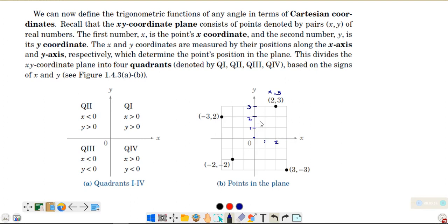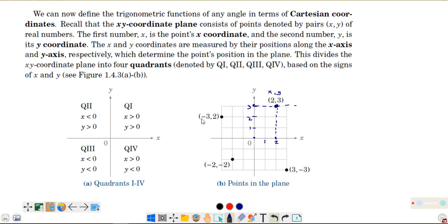So, gawa tayo ng rectangular coordinate. Nandito daw siya, tsaka nandito. So, drawing tayo ng mga lines parallel to the x-axis and the y-axis. Yung point of intersection of the lines parallel to x and y, yun yung magiging coordinate nung point mo. So, dito sila nagtagpo. Therefore, this is 2, 3.